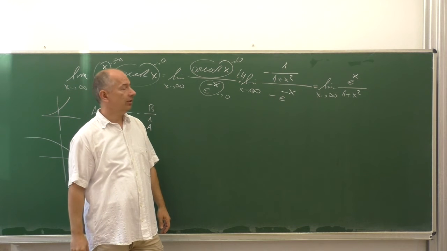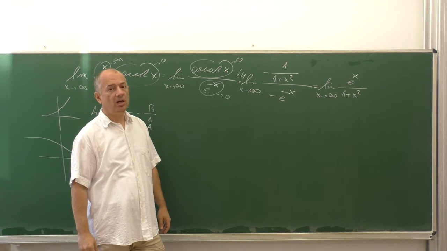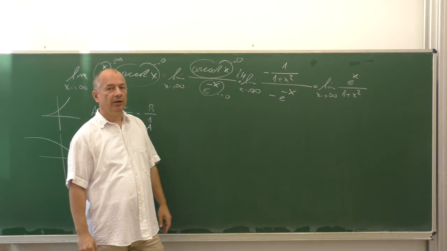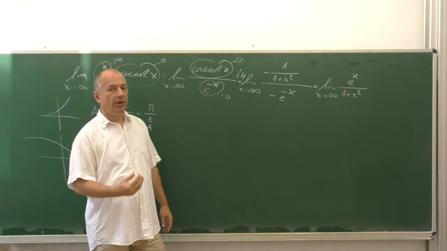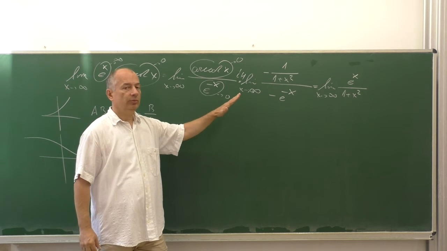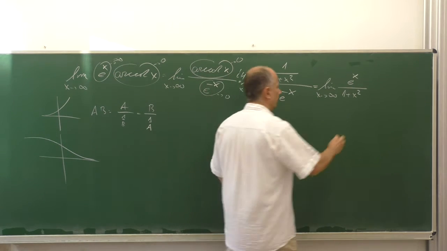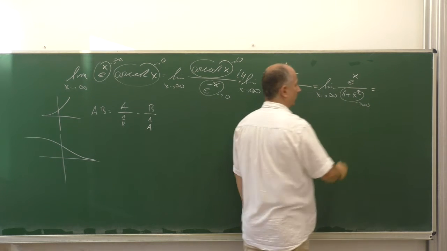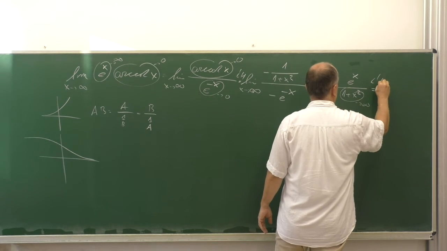And we have seen already that exponential is faster than any polynomial, so we have infinity divided by infinity, and exponential wins, so it will be infinity. Well, okay, let me compute this step by step. So this goes to infinity, so we can use L'Hopital's rule once again.